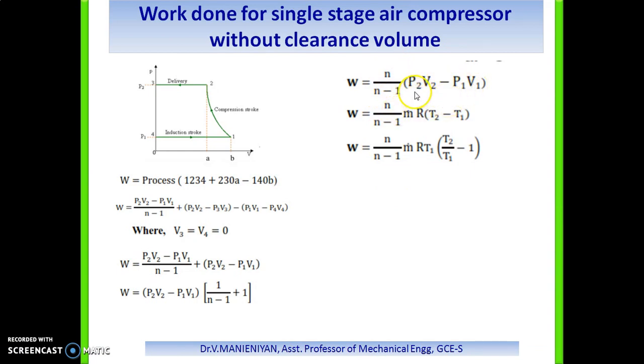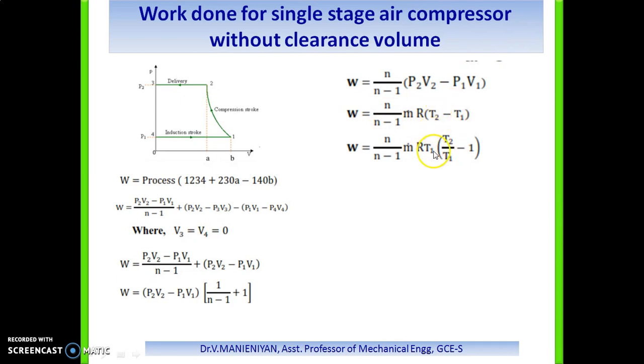Here P2 V2 equal to mRT2 and P1 V1 equal to mRT1. mR is common in both, so mR is taken outside, with the temperature difference T2 minus T1. So work done equal to n divided by n minus 1 times mR (T2 minus T1).